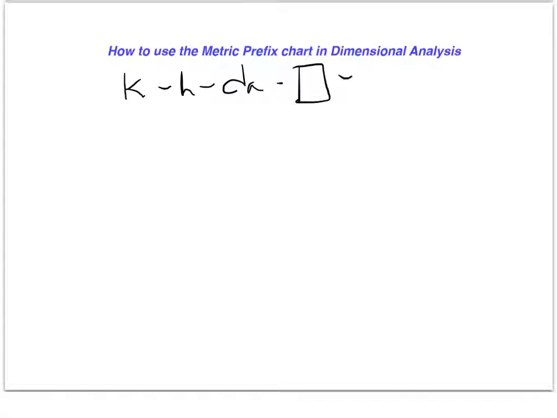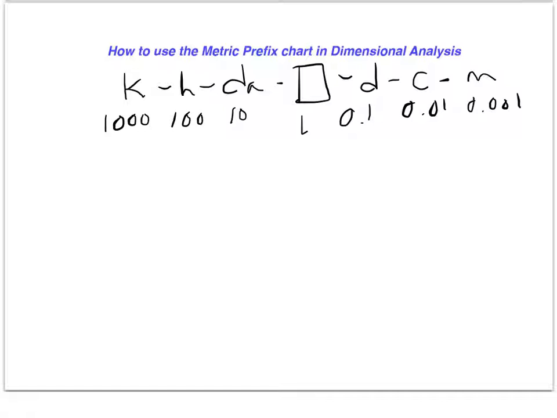In that case, if you think about the chart that you've already learned, we can look at the meaning of these numbers, of these letters. So K, kilo, 1,000, 100, 10. We have our base units, and then we have 0.1, 0.01, and 0.001.